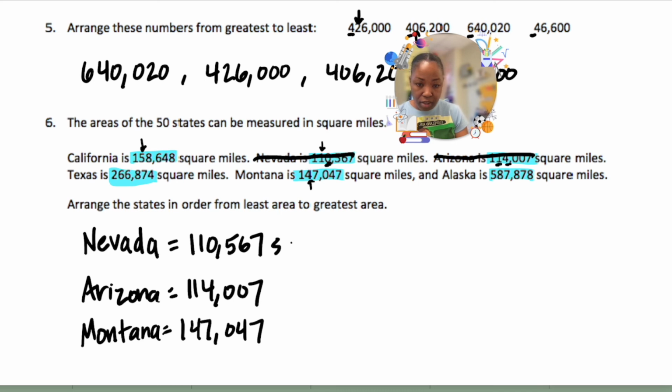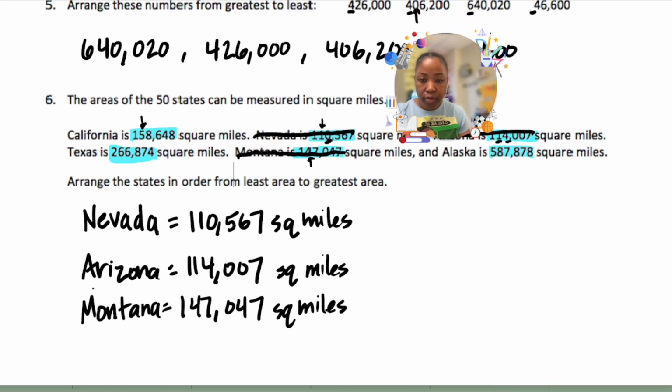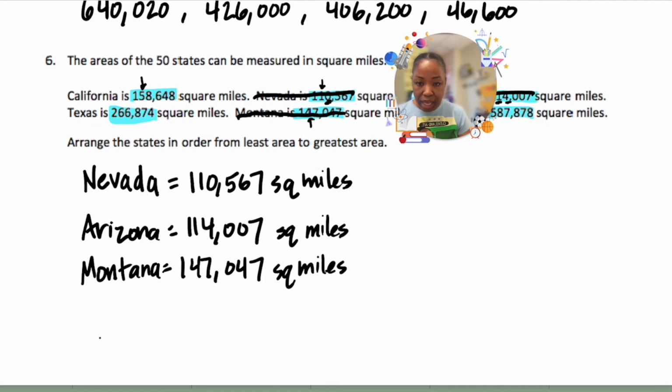And all of these are square miles. Okay, so we got Montana. Next up would have to be California because it has that still 100,000, right?